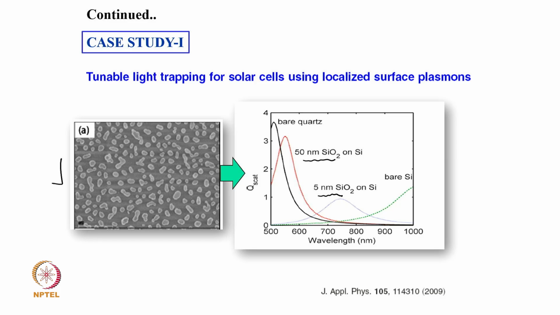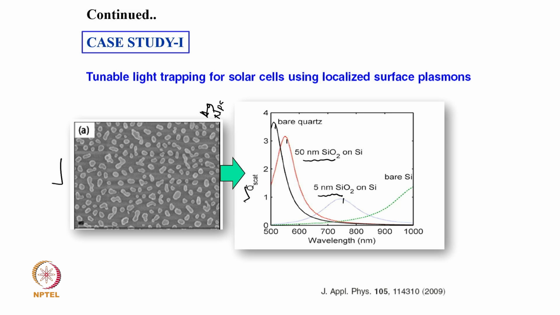Typically the silver nanoparticles have a diameter of 40 to 50 nanometers. They are coated on these two substrates, and you can see this peak, and you can also notice this peak. What are these peaks? These peaks correspond to the Q scattering peak.